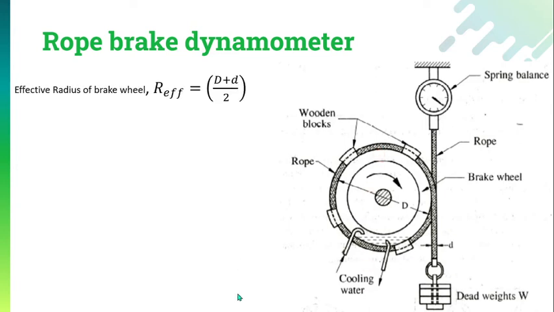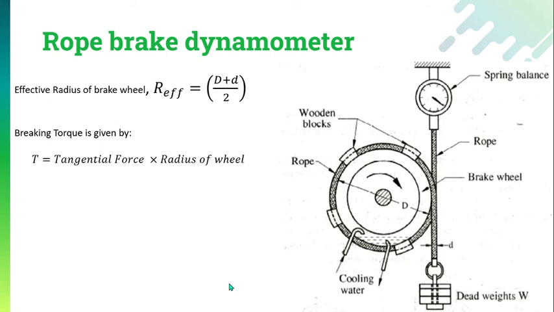The effective radius of the wheel will be equal to capital D, the diameter of the flywheel, plus small d, the diameter of the rope, divided by 2. We will use this effective radius to identify the torque, and the torque is given by the tangential force into the radius of the wheel.